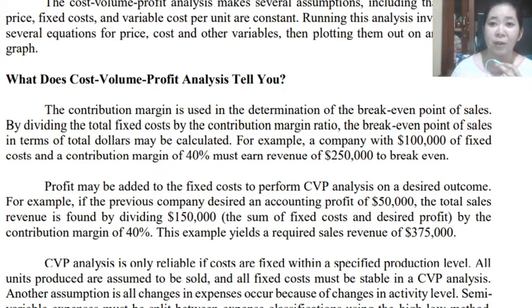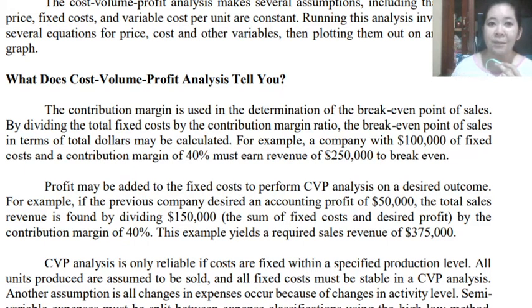Whereas under the contribution margin format, we classify the costs as fixed and variable. So this is what contribution margin is: again, the difference between your sales or revenue minus variable cost. That is our contribution margin. The contribution margin is normally used in determining our break-even point in terms of sales.